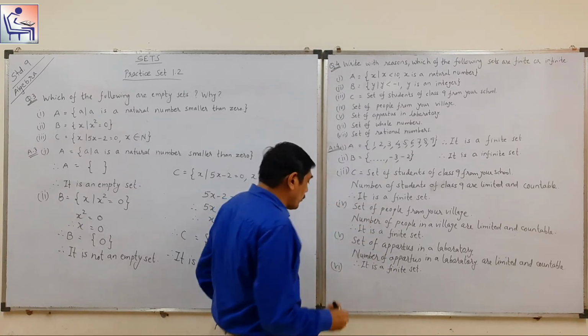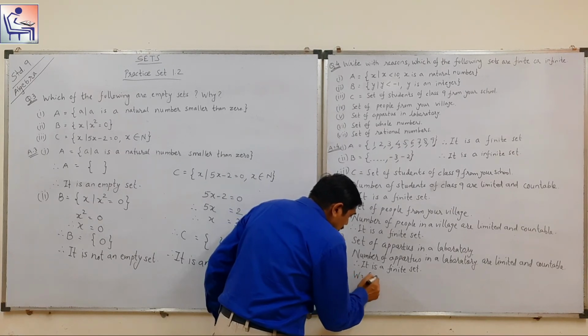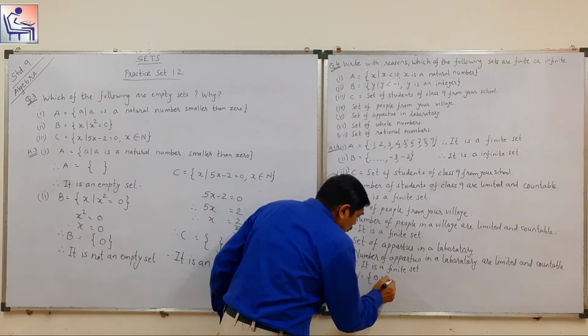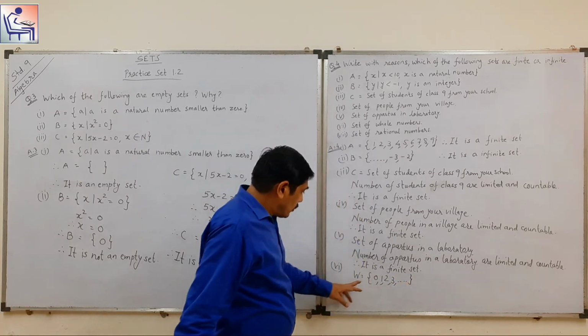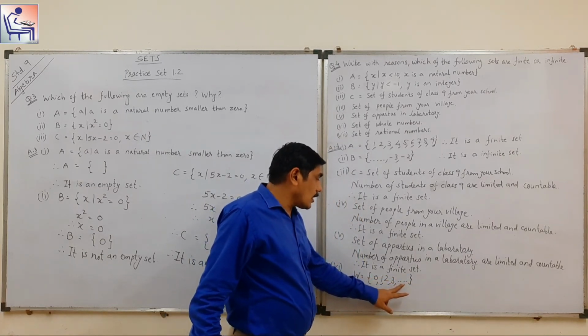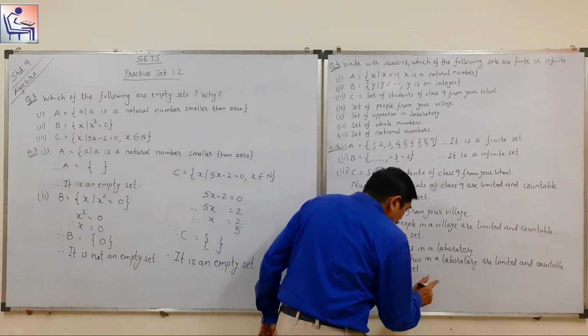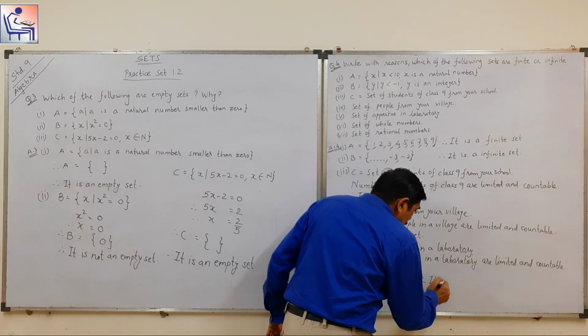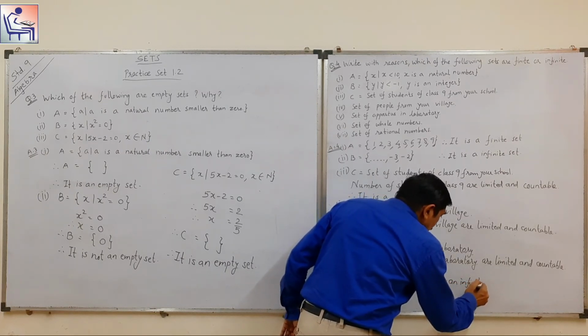Set of whole numbers. All of you know that whole numbers are 0, 1, 2, 3 and so on. Therefore, you can see that it is uncountable and unlimited, so we can say that it is an infinite set.